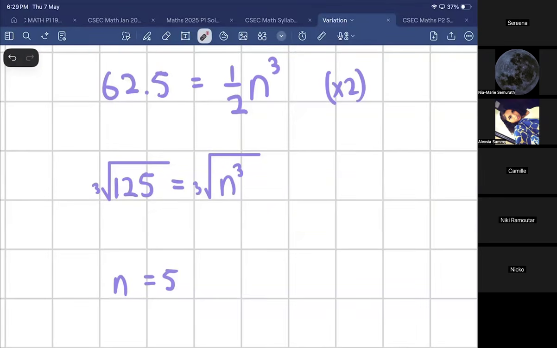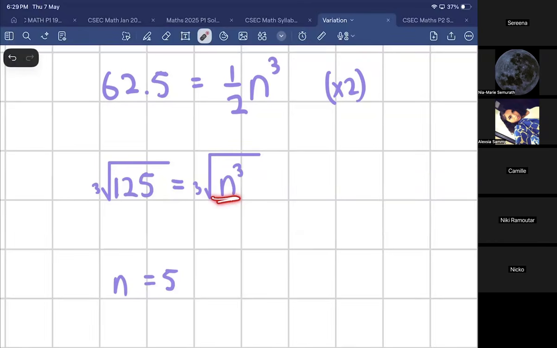Multiplying by 2. Yes, and whatever you do on one side, you need to do on the other side. Exactly. So I get 62.5 times 2, which is 125. And by multiplying a half by 2, it will cancel off, and that would just leave me with n cubed. Are you with me up to this point?